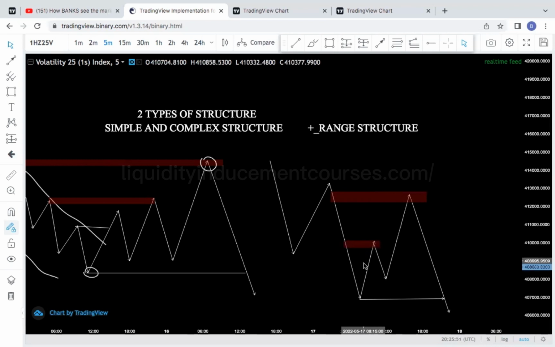Okay, now price retests that level but fails to continue with the trend. If price comes here, retests this level and drops, then our complex structure is invalidated because it fails the formation of normal lower highs and lower lows. But if price mitigates this level, comes here and then forms liquidity, internal liquidity, okay, has been formed here. Internal liquidity because it is inside of the structure, inside of the range.